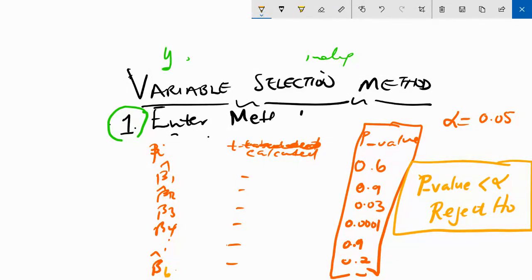It's greater, sir. What does it mean? It means beta 1 won't be part of the model. So which ones will be part of the model? Based on these P values and the alpha, can you please give me the final model?